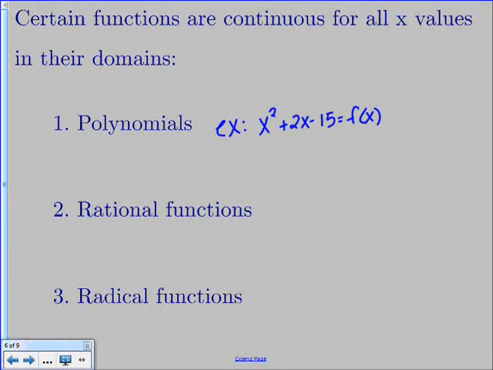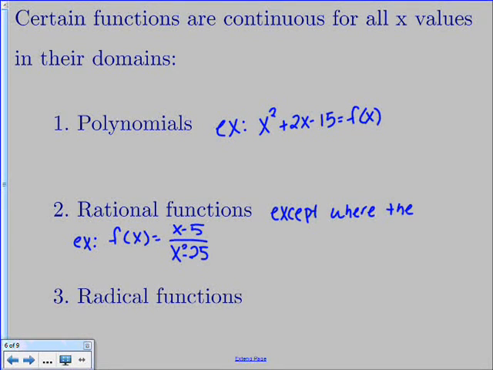Rational functions would be something like that first example we just saw, that f of x equaling x minus 5 over x squared minus 25. And that's continuous everywhere except where the denominator is equal to 0. So you just have to make sure the denominator of the function isn't equal to 0. That's the only times it's not continuous.